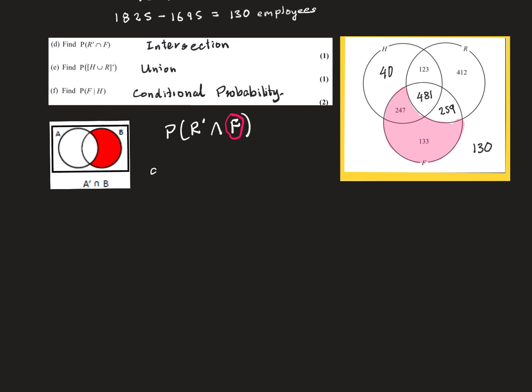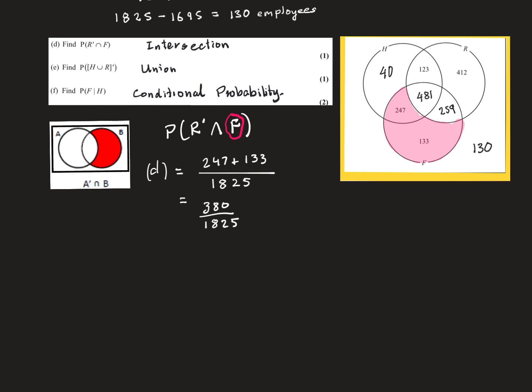So our question D will be 247 plus 133 over the whole employees number, which is 1825. And that gives me an answer of 380 over 1825.